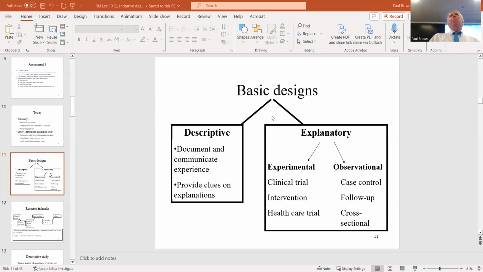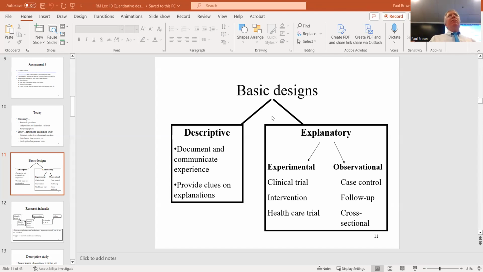So remember last time we said there are different types of studies. There are descriptive studies, and then there are explanatory studies. I said that a lot of people do descriptive studies, but oftentimes they're not that interesting, because if you're just describing something that other people have talked about before, then you either say, I found the same thing, or I found something different.